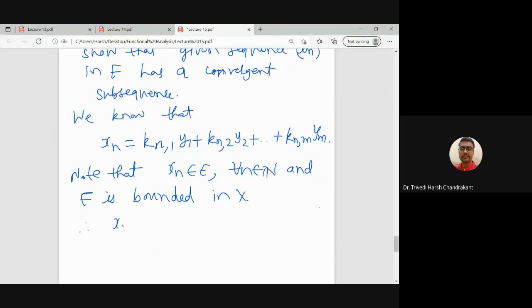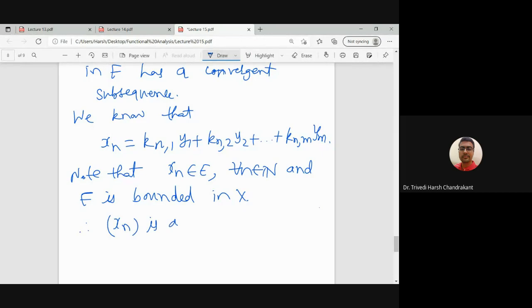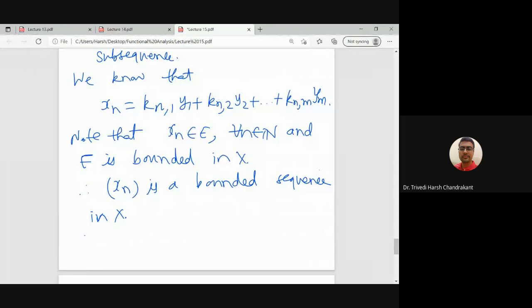So therefore xn is a bounded sequence in the normed linear space X, and since xn is bounded, therefore the corresponding sequence knj is bounded in K for all j equals 1 to m.